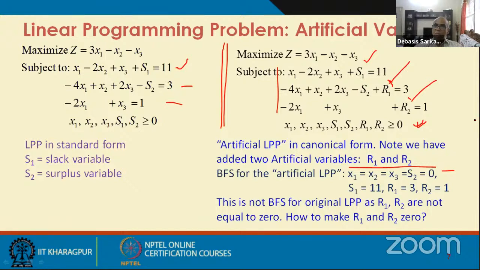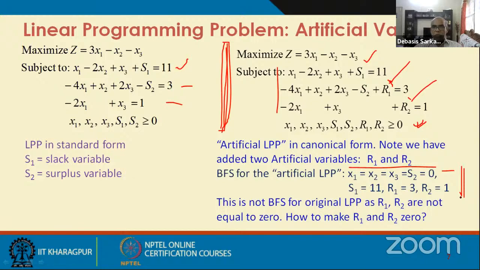So this is a basic feasible solution for this artificial linear programming problem, where x1, x2, x3, s2 equal to 0. That means they are non-basic variables, and s1, r1, and r2 are basic variables.